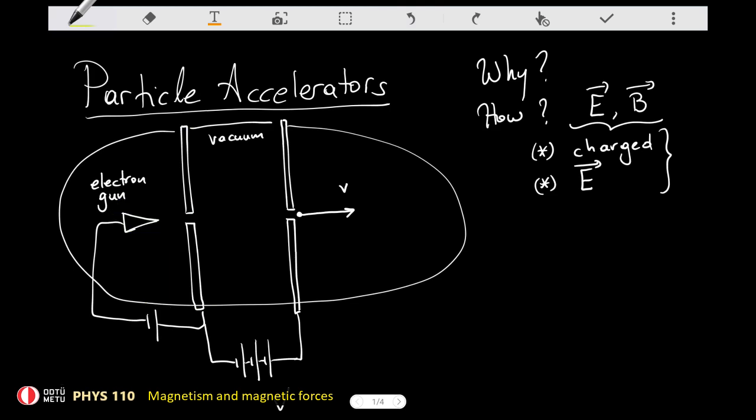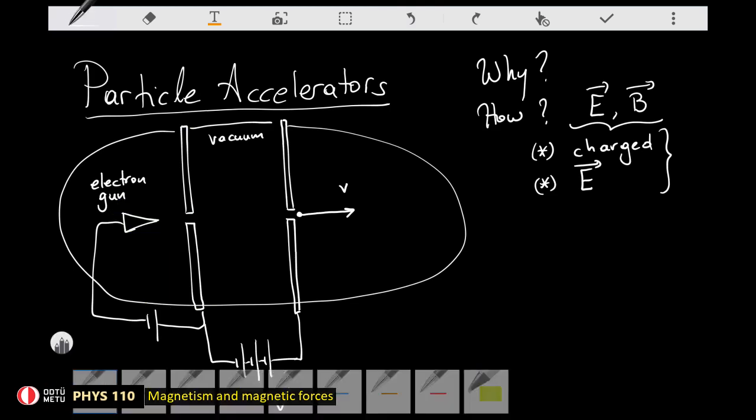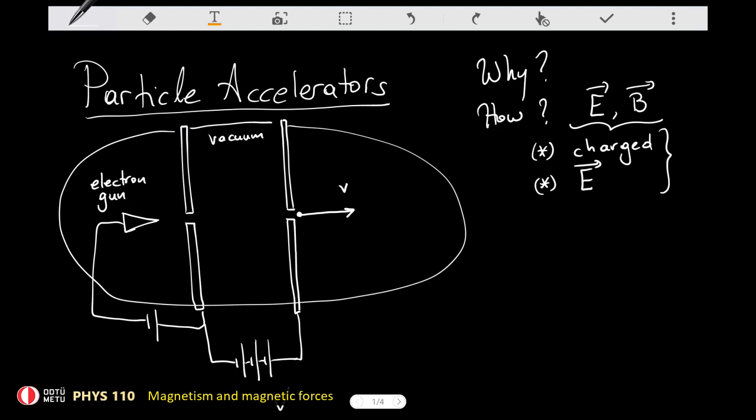Usually you get a beam of electrons, lots of electrons moving with different velocities. Some of these electrons will be captured by this plate, but it usually has a small opening so that some of the electrons pass through. Right? In that case, we pass to the second stage where we accelerate the electrons.